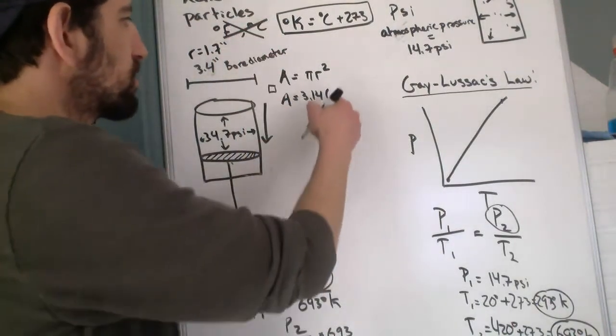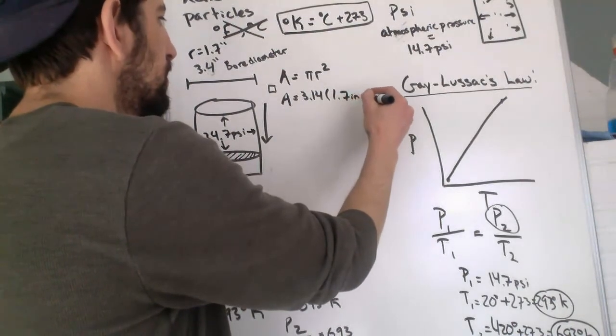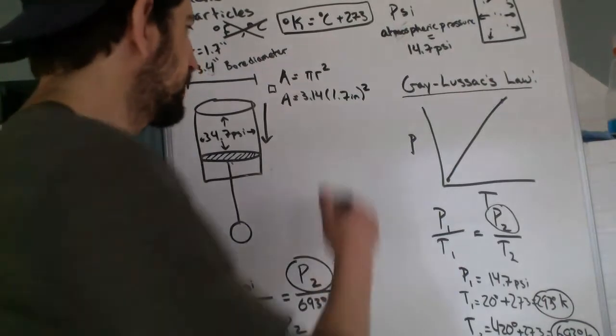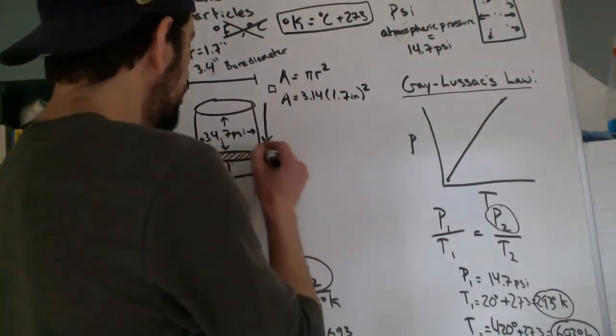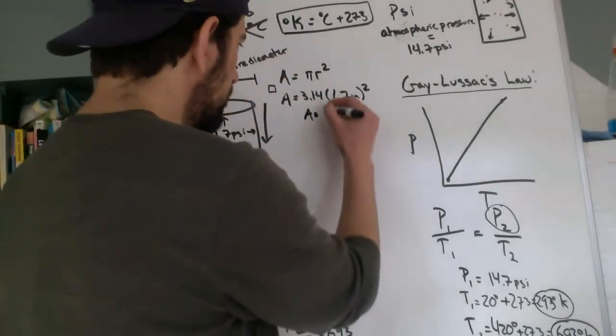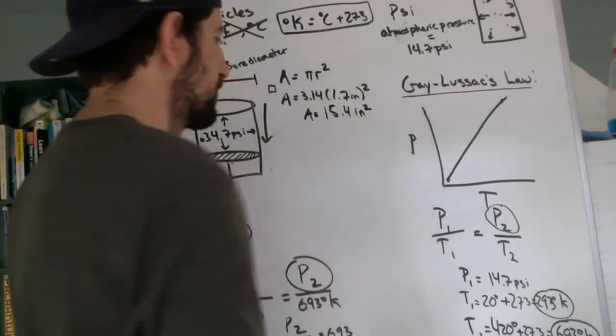So I'm going to put that in here, 1.7 inches squared. So when I plug that into my calculator, I get that the area here on the cylinder head is equal to 15.4 square inches. All right?